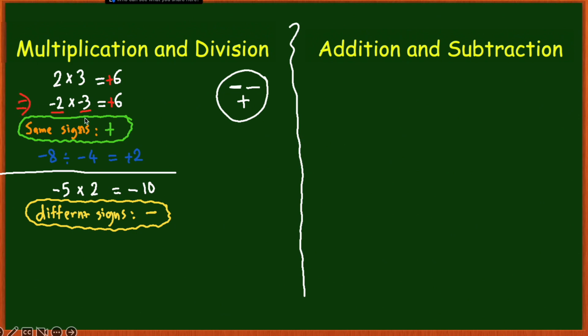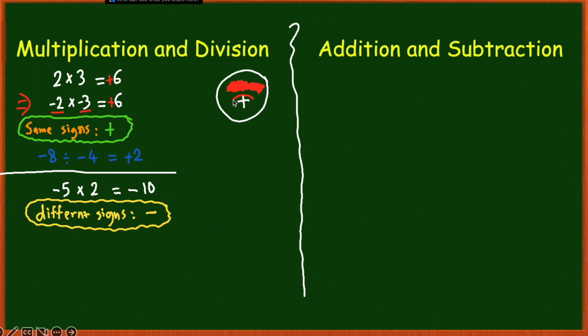Negative 2 times negative 3. What's the sign of the first number? A negative 2. It's a negative sign, right? Okay, let's go to the face, use one of your fingers and hide a negative sign. Any one of these. Times, what's the next number? It's a negative number. So with another finger, hide the other negative sign.